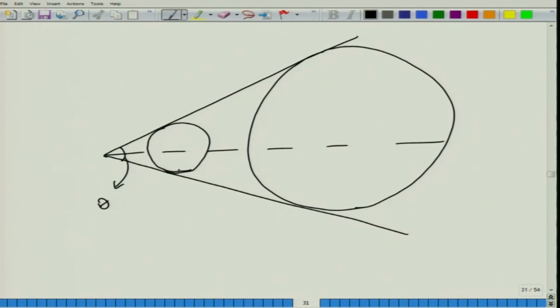Now, in this situation, this angle is equal to theta by 2, and in this circle we have, let us call it circle A and circle B. So, now this angle of theta by 2, if we have this radius of R A and considering this to be a small angle, we have sine of theta by 2 is equal to R A, that is this.